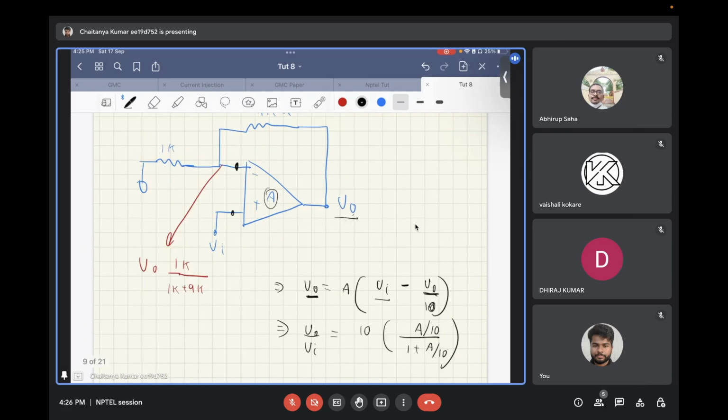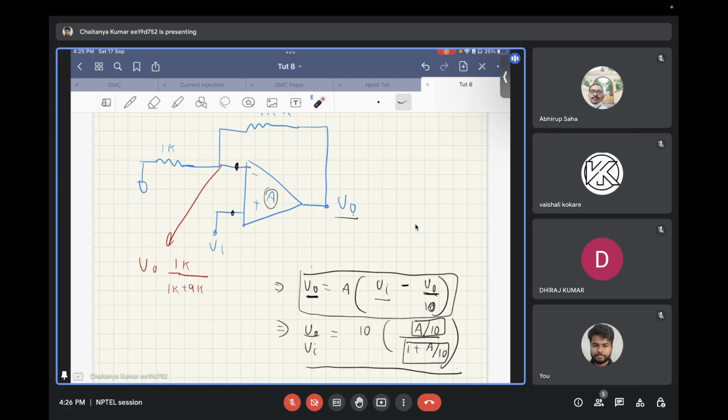From there, if you simplify this equation, you can arrive at this expression: V naught by Vi is equal to 10 times (A by 10) divided by (1 plus A by 10).